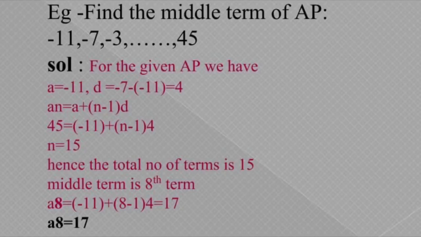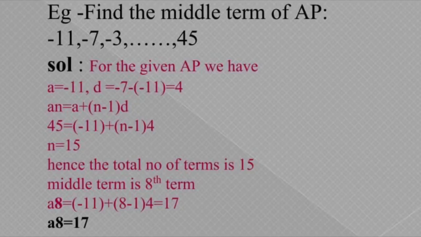Formula for an is equals to a plus n minus 1 into d. Let us replace an by 45, a by minus 11 plus n minus 1 into d is 4. So 45 is equals to minus 11 plus n minus 1 into 4. Now it is a linear equation in n. Transpose minus 11 to left hand side.